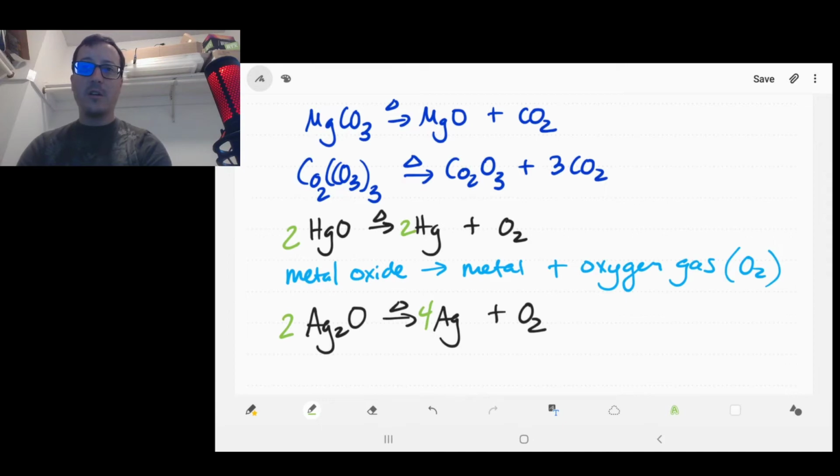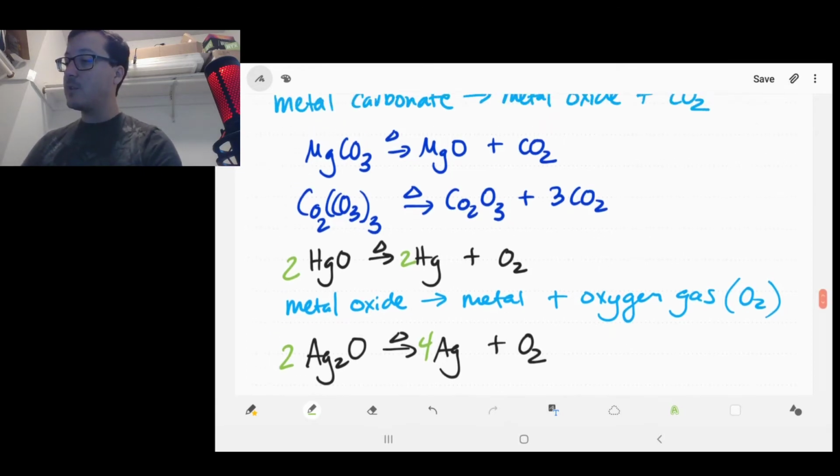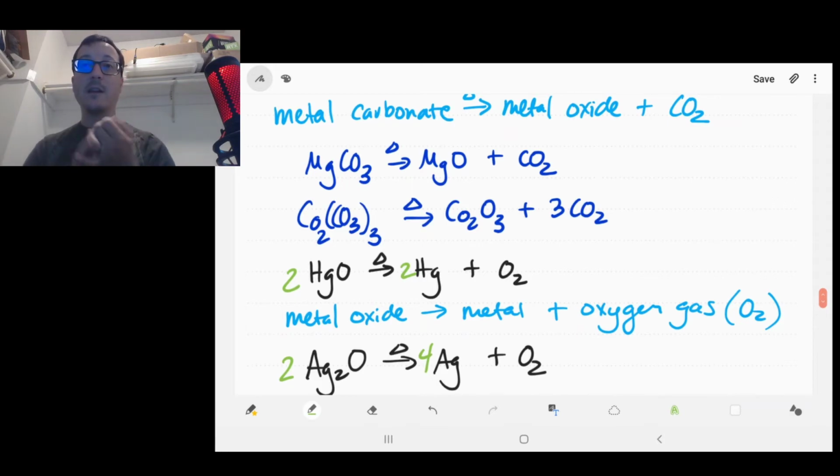Those ones aren't too hard to balance because there's just 2 elements. Those usually are pretty easy. So those are kind of the 2 patterns for decomposition that I would expect you to know. So a metal carbonate breaking down into the oxide and CO2, and then a metal oxide breaking down into the metal and oxygen gas. So those are kind of 2 reactions so far.